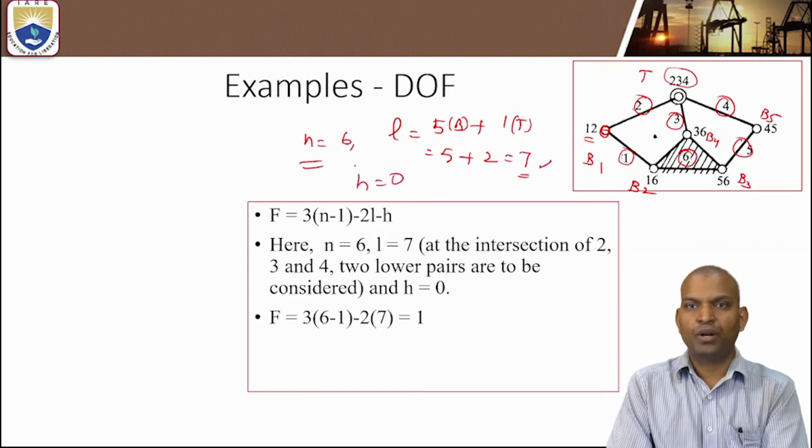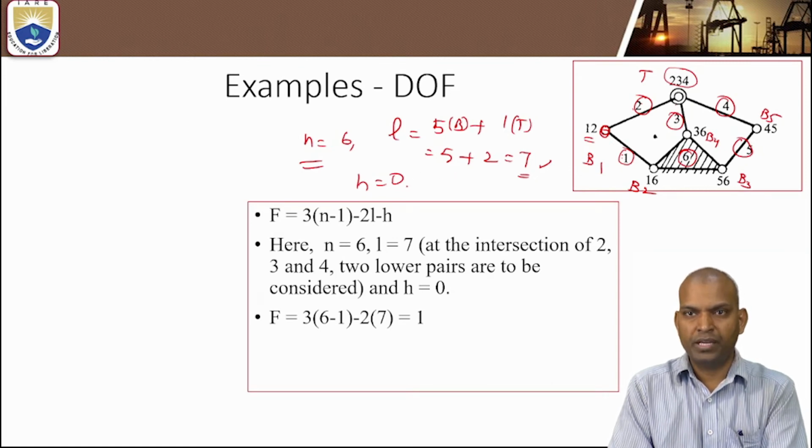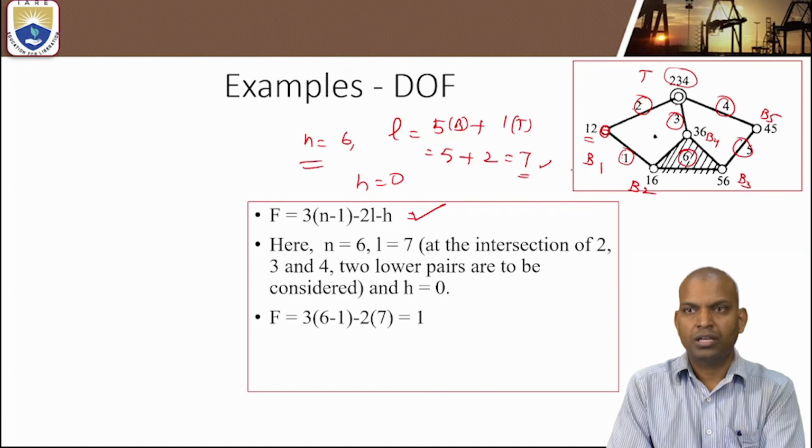Substitute this number of links, number of lower pairs and the value of number of higher pairs in the formula of degree of freedom, that is F equal to 3 into n minus 1 minus 2L minus H, where n equal to 6 according to the values observed from this mechanism.